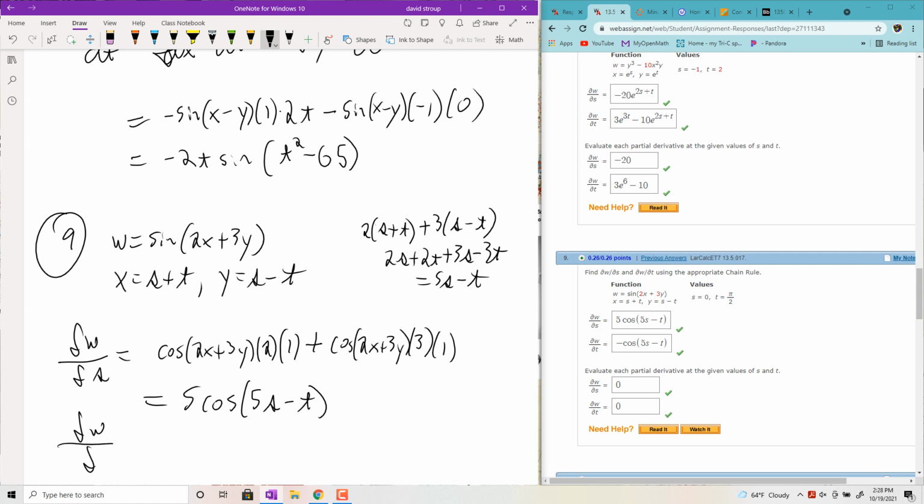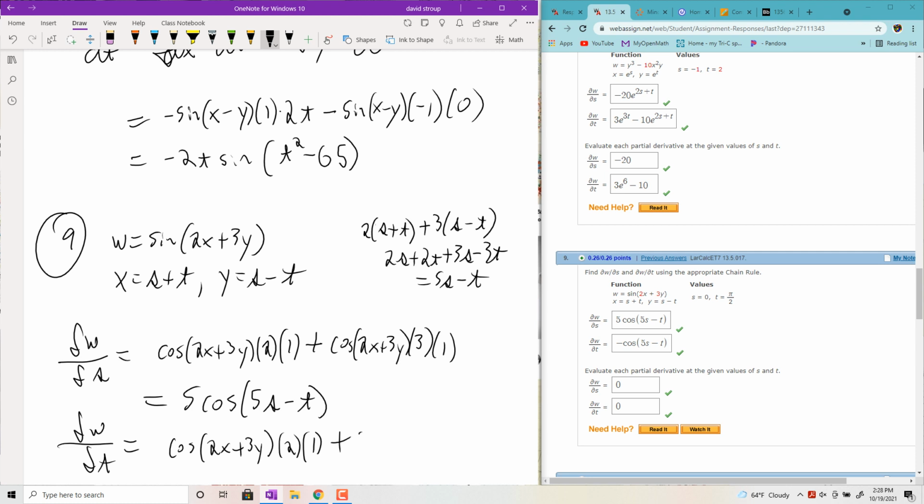Partial derivative of w with respect to t is kind of the same thing, right? It's just now you're taking the derivative of x and y with respect to t. So the first term will be cosine of 2x plus 3y times 2, and the derivative of x with respect to t is just 1 again.